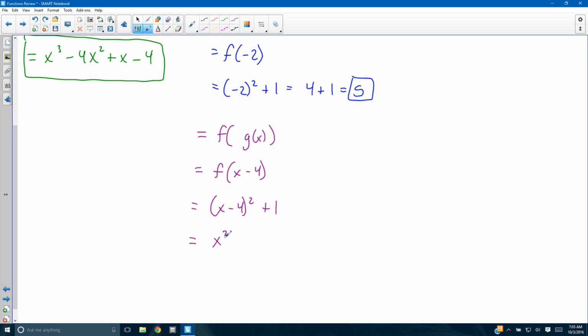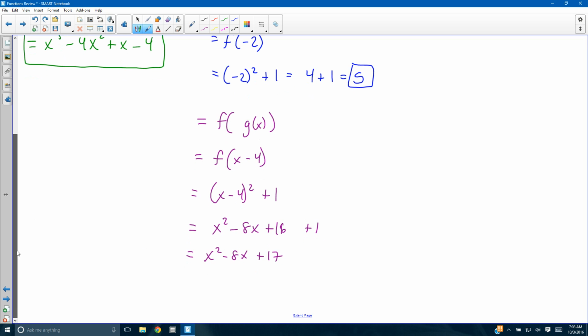So let's just clean this up. X squared minus 8x plus 16, then plus 1, which becomes x squared minus 8x plus 17. Substitute 2 into here now, because this is f of g of x. Now f of g of 2 will become 2 squared minus 8 times 2 plus 17.